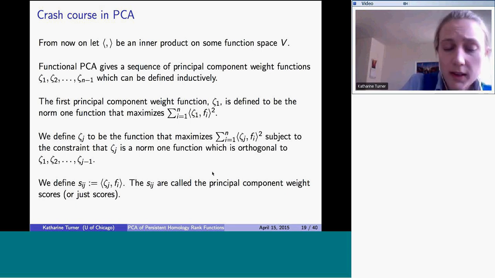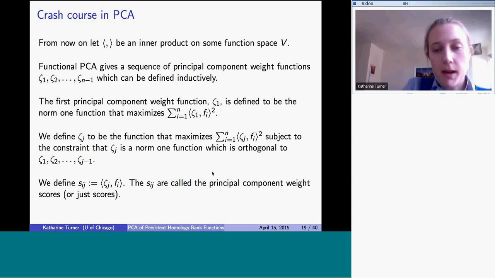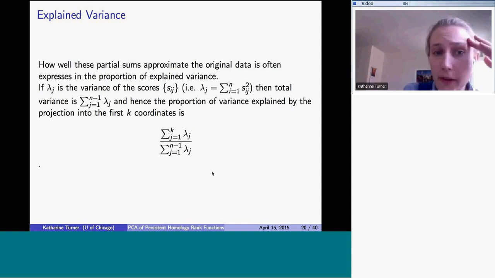Okay? Call the coordinates in these different spaces the scores. So this is a term often used to describe how reasonable using PCA in some setting would be, and in particular what dimension they do it up to.